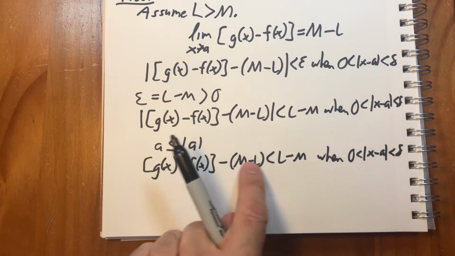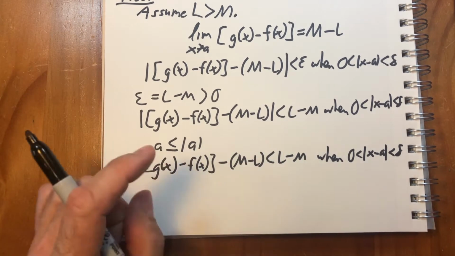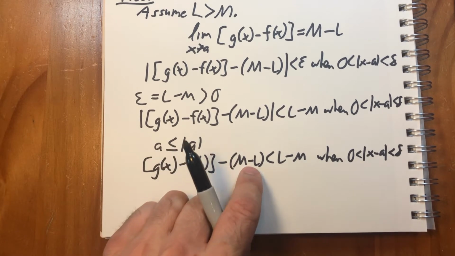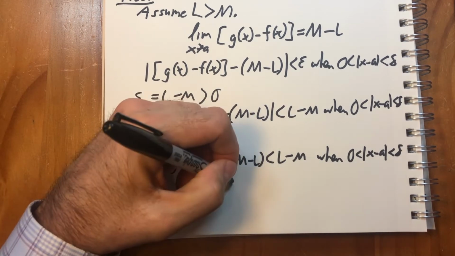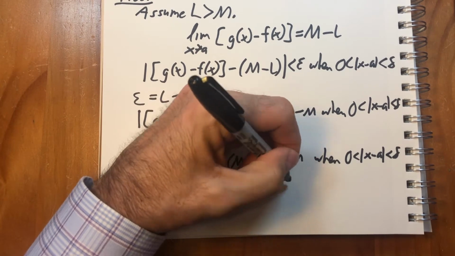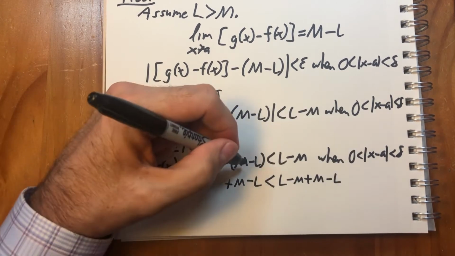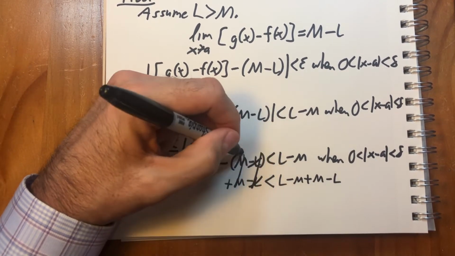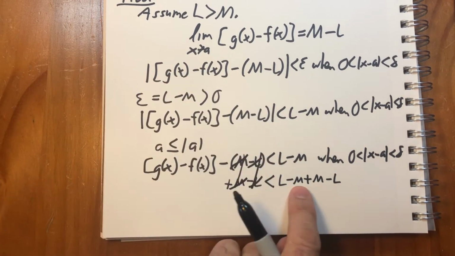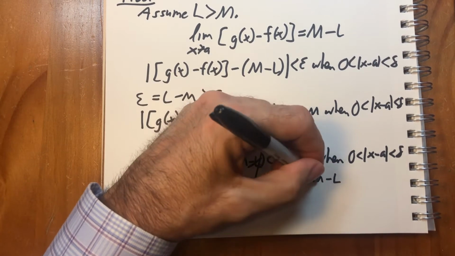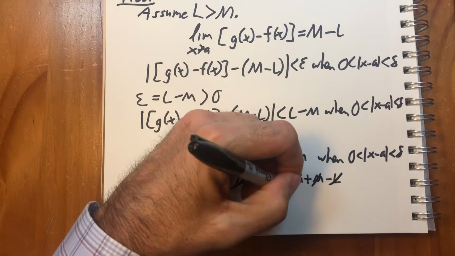So now we can simplify this statement. If we add minus m and plus L to both sides, then these cancel, and these cancel, and we have 0.